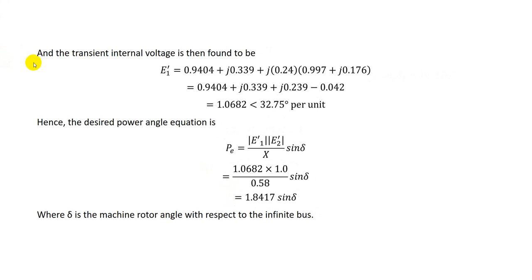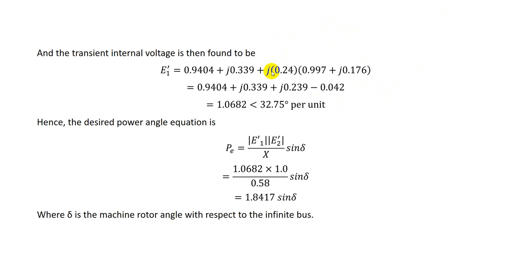The transient internal voltage is then found to be E1 prime equal 0.9404 plus j 0.339 plus j 0.24 into 0.997 plus j 0.176.